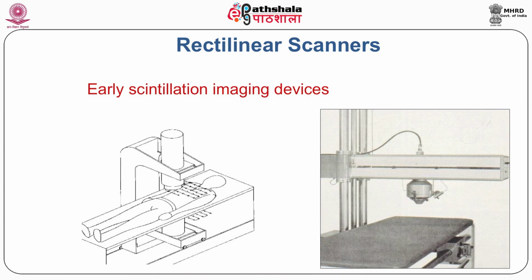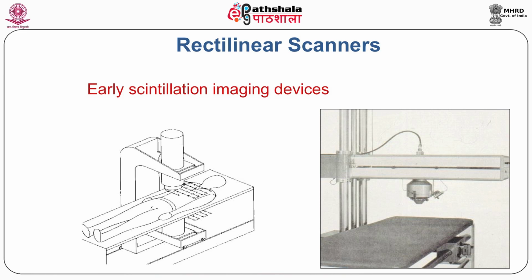This probe moves all around the patient, and as and when it detects photons, it gives a hit on that page or device. In this way you can diagnose, okay, this is a region where the number of photons coming is much higher, so there may be certain problems in that area. This was the earlier device which was utilized.